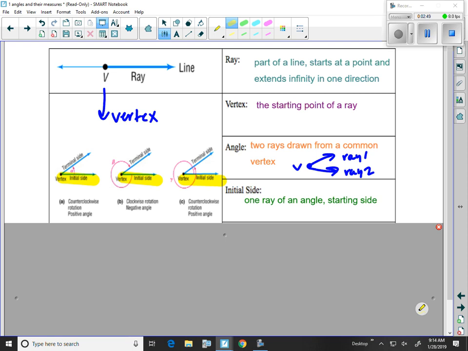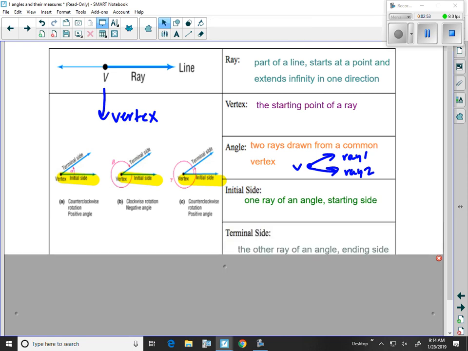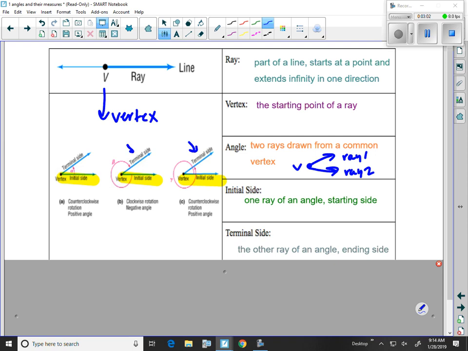It's going to be flat. The terminal side is the other ray, the other side of your angle. In our example, our terminal side is right here for each of those. Initial side and terminal side are the two sides of your angle.